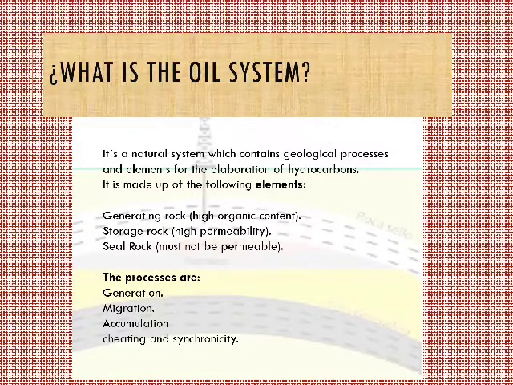What is the oil system? Okay, the oil system is a natural system which contains geological processes and elements for the elaboration of hydrocarbons. It's made of the following elements. One, a generating rock, with high organic content.